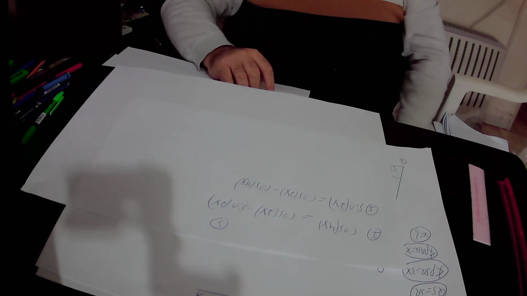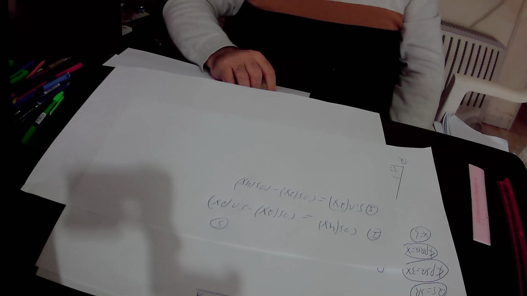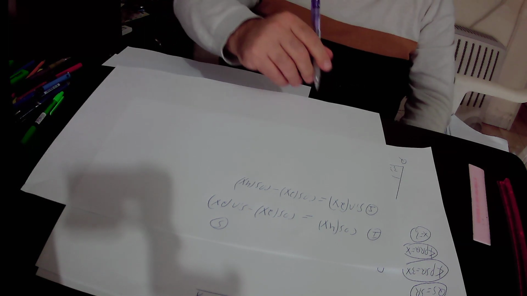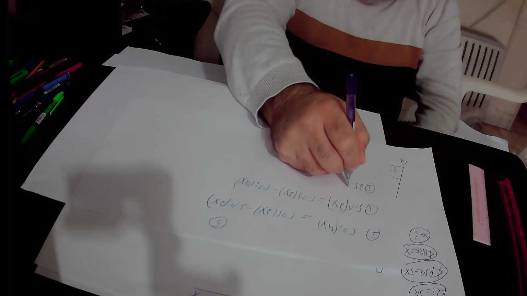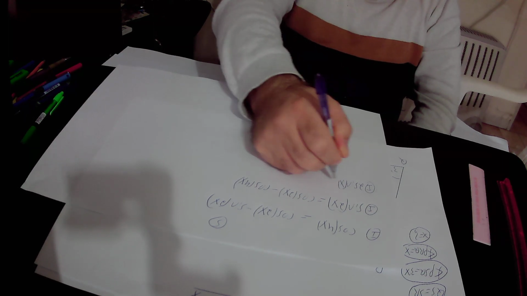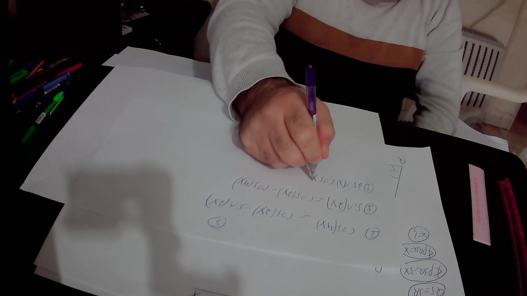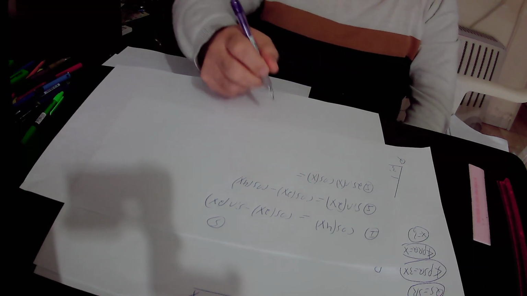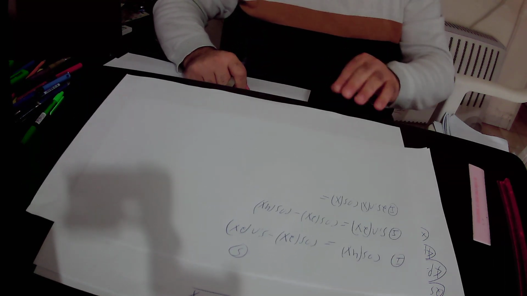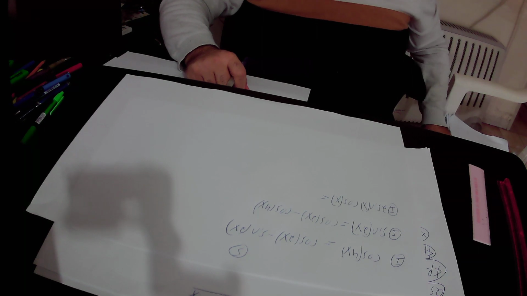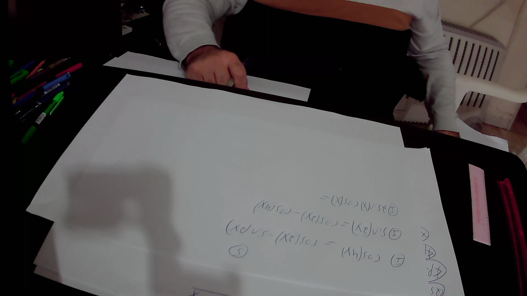Actually, sine 2x is 2 sine x cosine x. So I write it down. 2 sine x cosine x. And cosine 2x minus cosine 4x is very similar to the trigonometric identity that cosine C minus cosine D is equal to 2 sine of (D plus C) over 2 times sine of (D minus C) over 2.